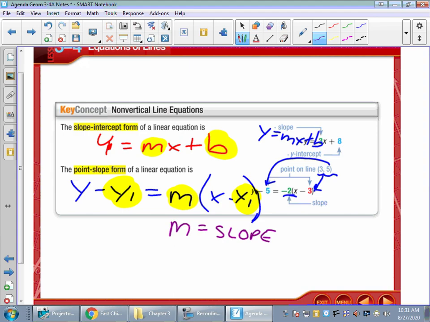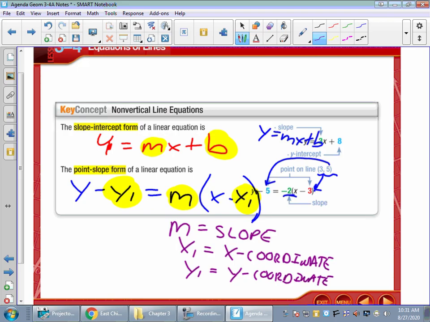We knew that. And then you're going to have your x1, which is just your x coordinate. That's from the example, you could see that. And then your y1 is your y coordinate. So for point-slope, you need 3 things. You need your slope, your x coordinate, and your y coordinate. Once you have those, you can just plug them into that form of the equation, and you're in good shape.